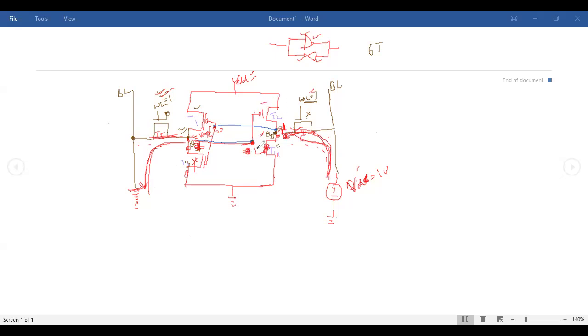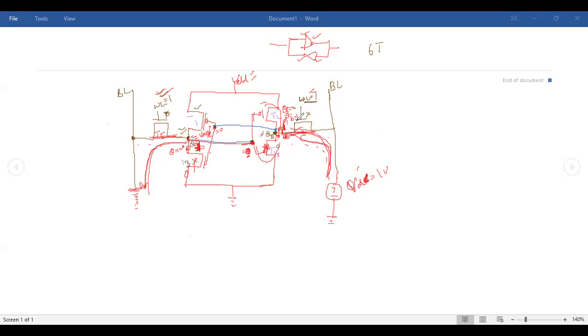So this inverter actually gives 1 for the input 0. That is how your data Q equals 1 becomes Q equals 0, and QB equals 0 becomes QB equals 1. That is how your memory gets written.